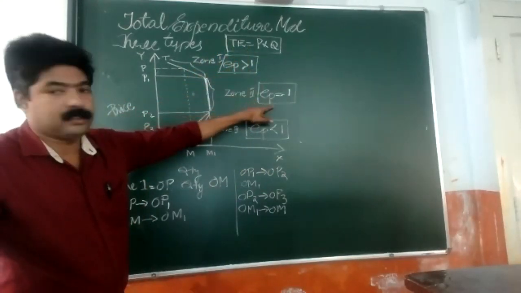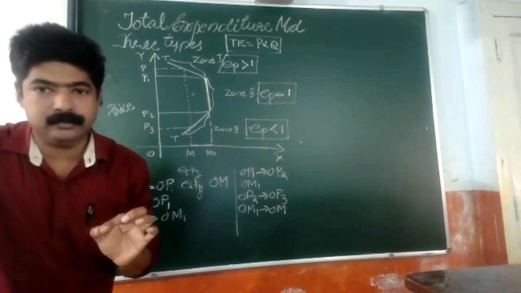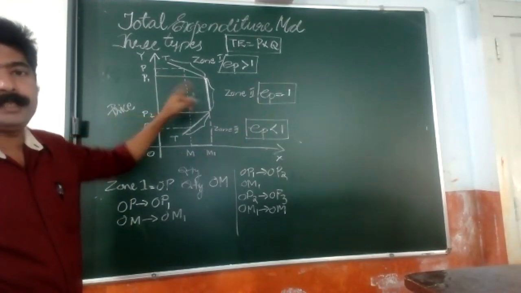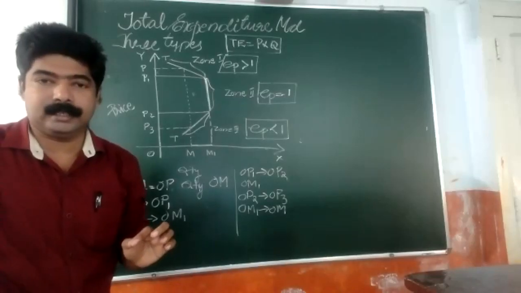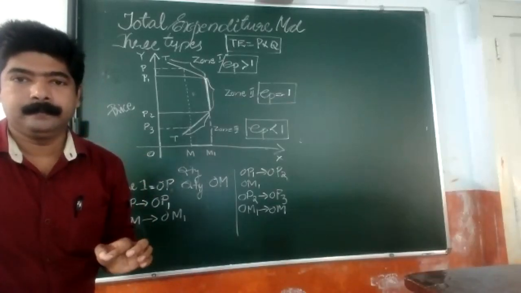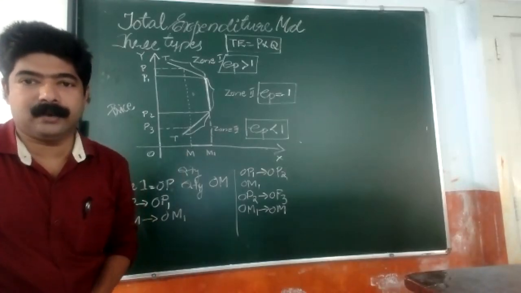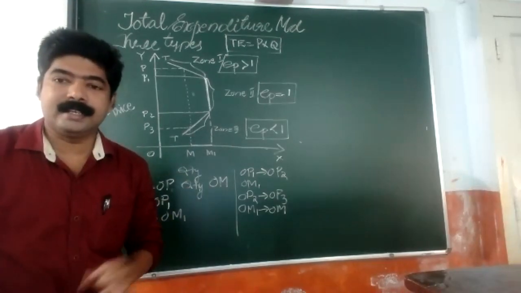Elastic, unitary, inelastic. All three diagrams we have drawn in a single diagram. It can be asked: explain the expenditure method by using a single diagram, or explain the categories of the expenditure method using a single diagram.